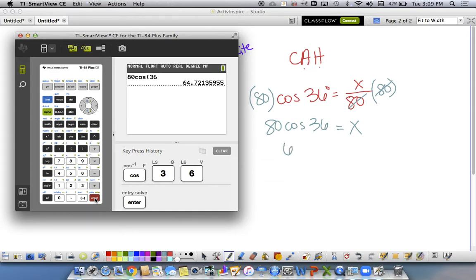It is 64.72, etc. It is approximately x, or the horizontal distance. We probably even need units. It was feet. Units are important. Okay? 64.7. Oh, they do give me 2 decimals. Okay. All right. Can you do another one?